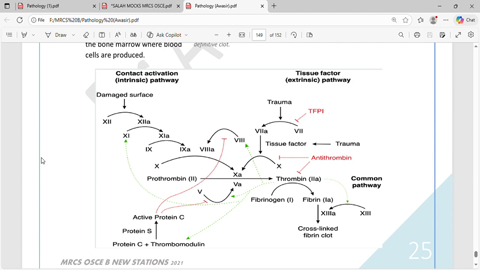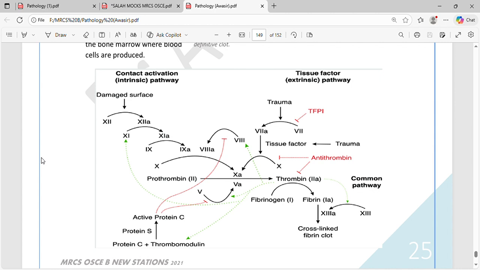Factor 13 is also activated by activated factor 2, the thrombin. Factor 13 does the stabilization of the clot. So factor 13A is the clot stabilizing factor.